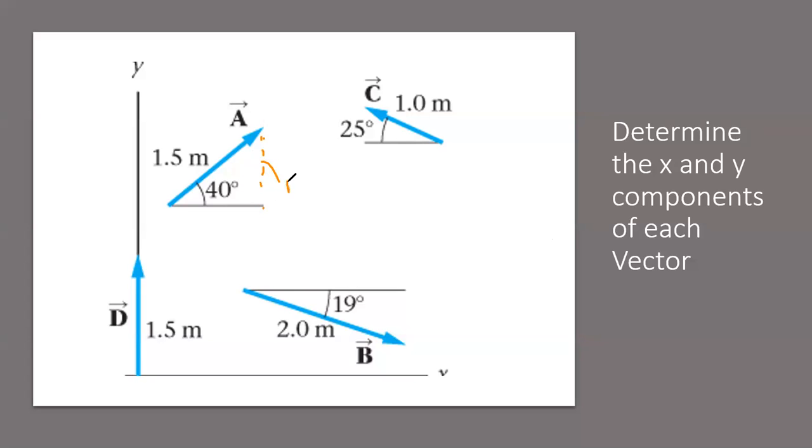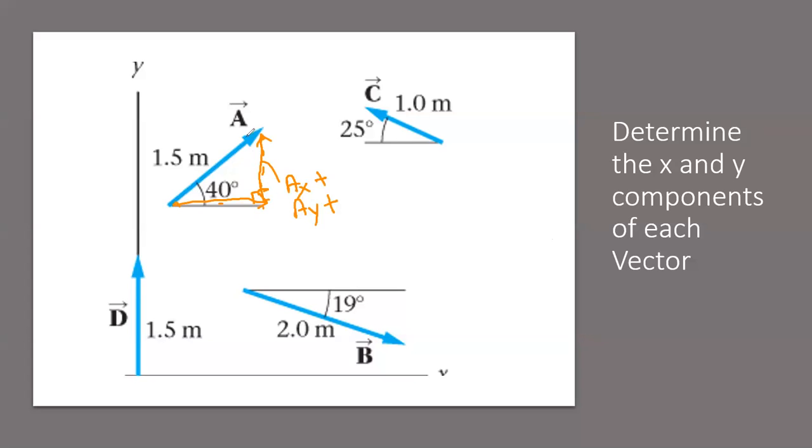At least tell me what is AX, positive or negative. AX is this way, AY is this way, so AX is positive, AY is positive, and you have a right triangle. The first thing is you need to make your right triangle. That way your life would be really easy.